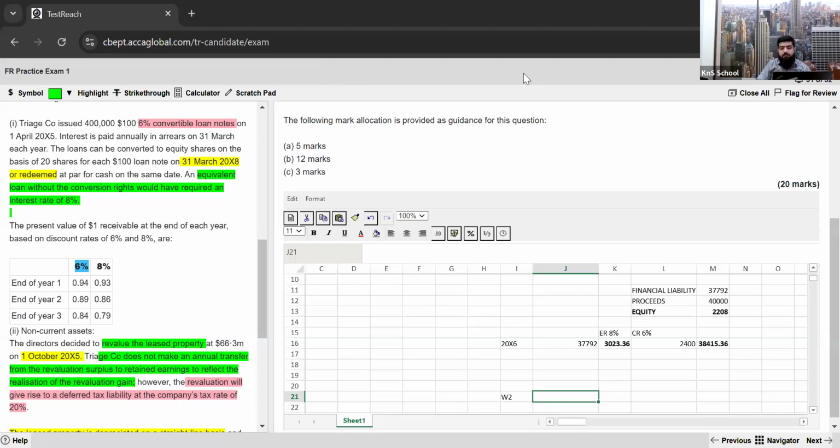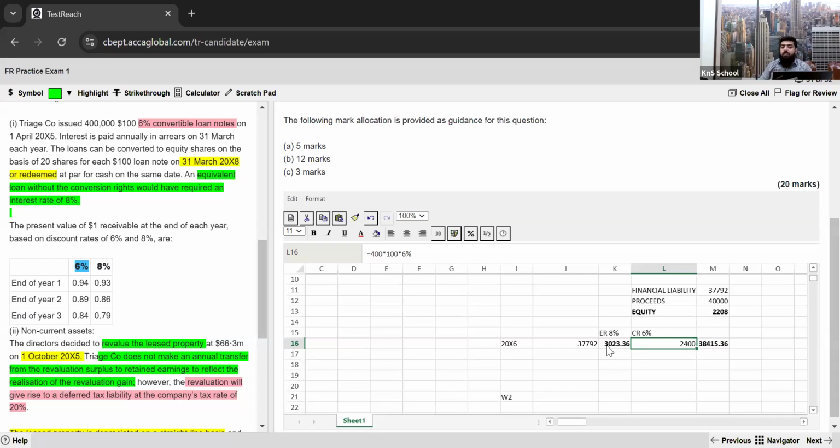Okay, there's a question that at times 2400 is being deducted instead of 3023. No, this is not the case. Always remember that the finance cost or interest expense that will be recognized in P&L is 3023. It's not 2400. But what if the examiner states that the company's management incorrectly recognized 2400 as an interest expense instead of 3023, or that the company's management has recognized the coupon as an interest expense instead of the effective rate?